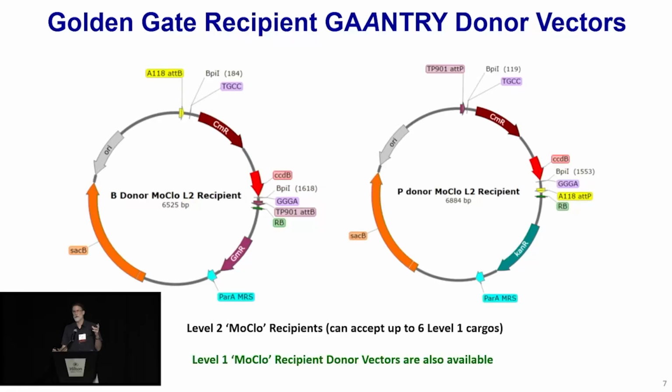So you don't have to stack an individual expression cassette one at a time using gantry. You could actually stack 6 or 7 expression cassettes into a single B donor or P donor and use that to introduce that into the gantry strain. And if you want to stack more than 6 together, you could put 6 in the B donor and then another 6 in the P donor, and you could actually make a 12 stack with just 2 gantry assembly steps. We also have level 1 MoClo recipient donors, so if you just wanted to do one expression cassette at a time, you could do that as well.